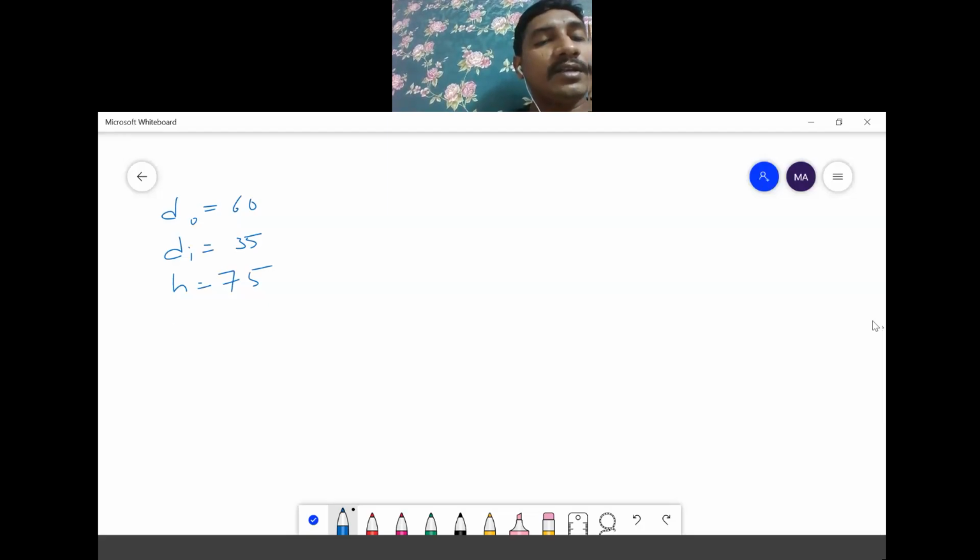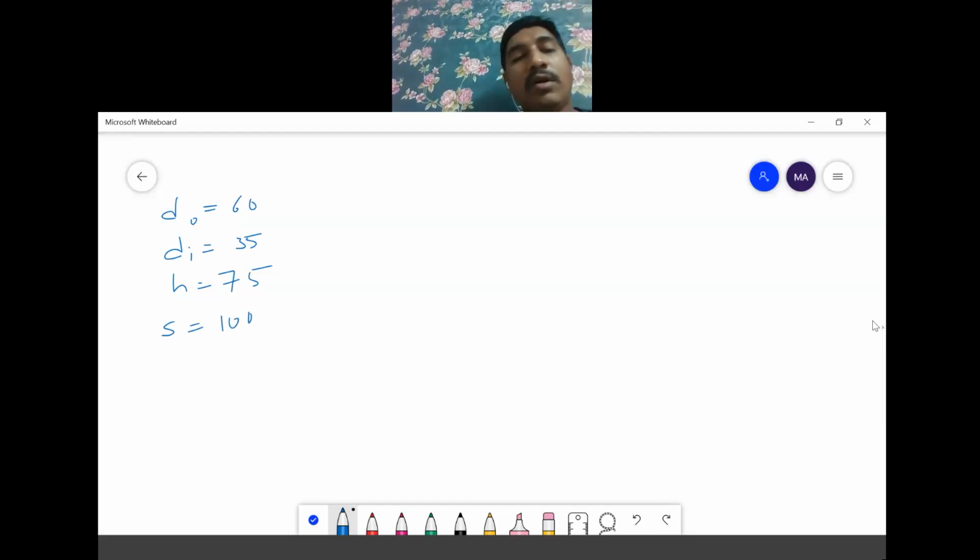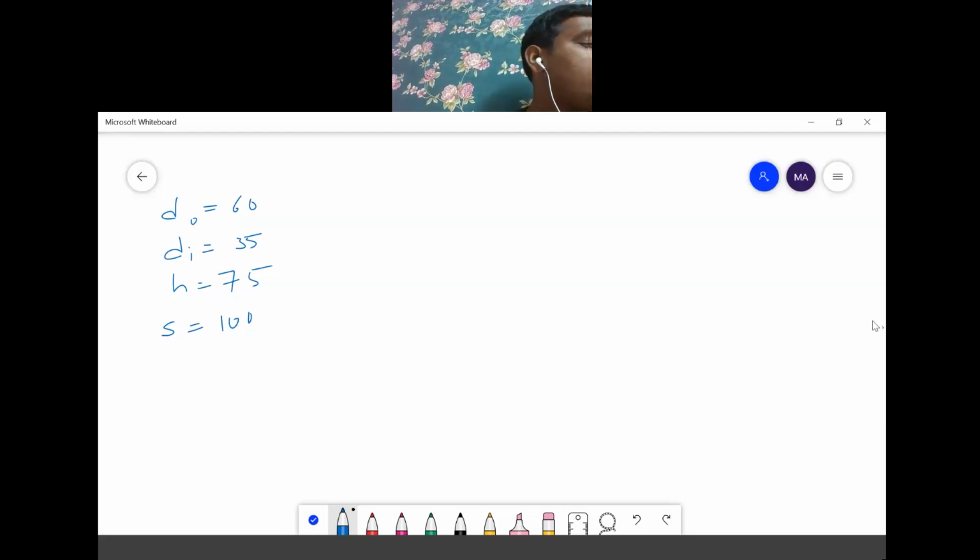Square prism means all sides are equal, the bottom side and top side both are equal. The height he has given as 40 mm. So here the diagram looks like this.